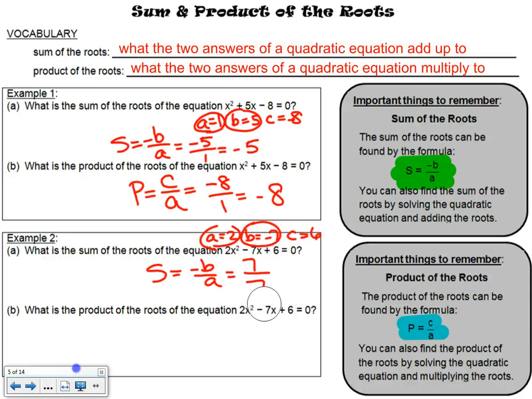You can leave it as 7 over 2, or you can write it as 3.5, whichever you prefer. The product of the roots is equal to the C value over the A value. So the C is 6, the A is 2, and that's 3. That means whatever the answers are, they're going to multiply to make a 3, and the two answers will add up to 7/2.